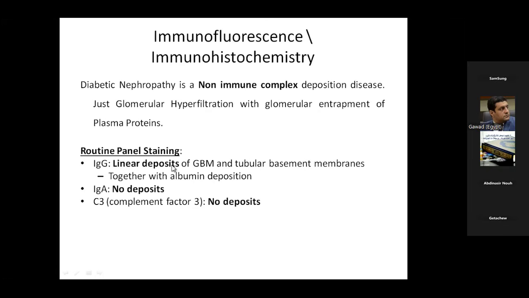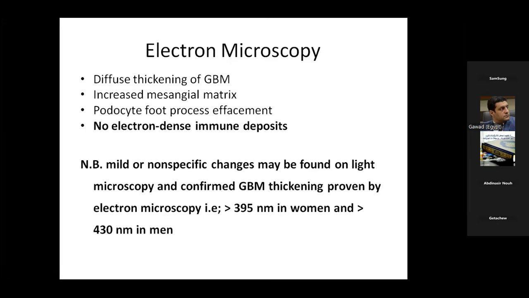What differentiates this non-specific entrapment of IgG along the glomerular basement membrane from other immune complex mediated disease is that these IgGs do not cause complement activation. So no C3, or complement factor 3, deposits. It's just the entrapment of IgG.